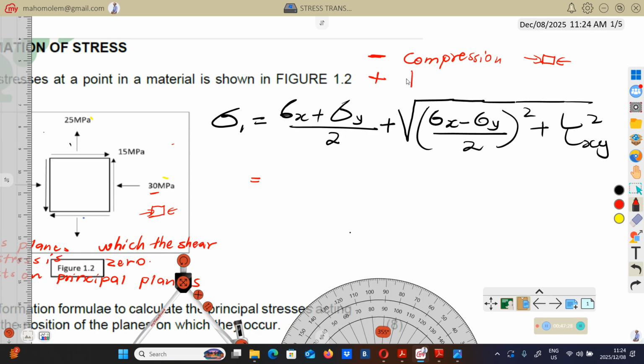Then positive will be tensile. Right. We're going to have negative 30 plus stress acting on the Y phase. This is Y phase is 25, it's tensile.